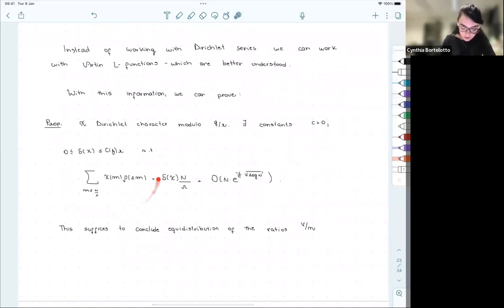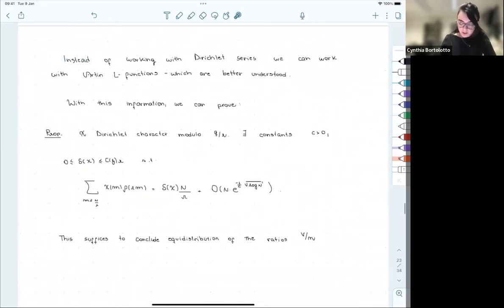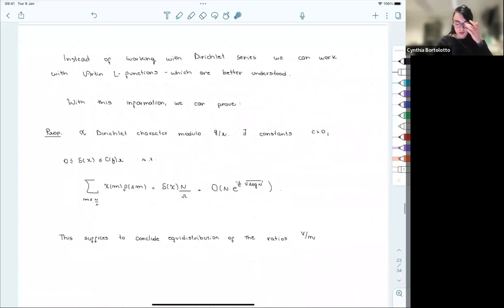So we can show that this sum of these characters times this multiplicative function that counts the roots behaves like n to the r times something that is controlled, and most of the time is 0, plus this error term here. And we can use that to show that when the q's are small, we also have enough decay of those exponential sums with multiplicative coefficients.